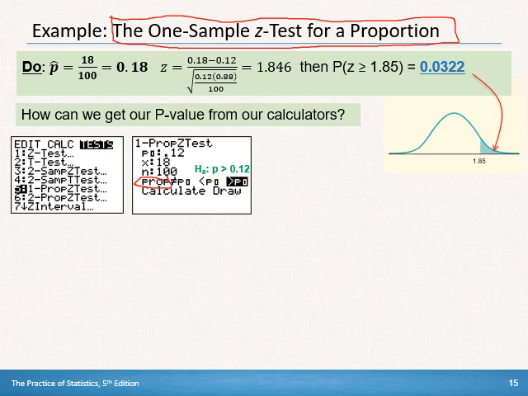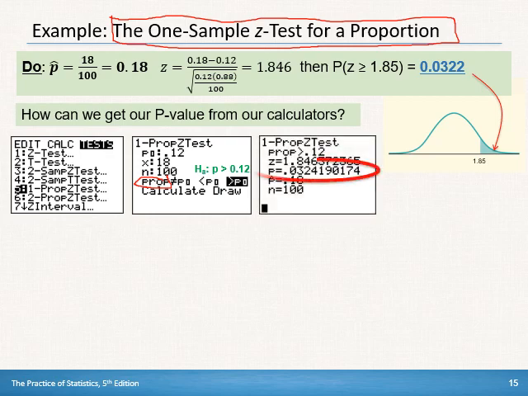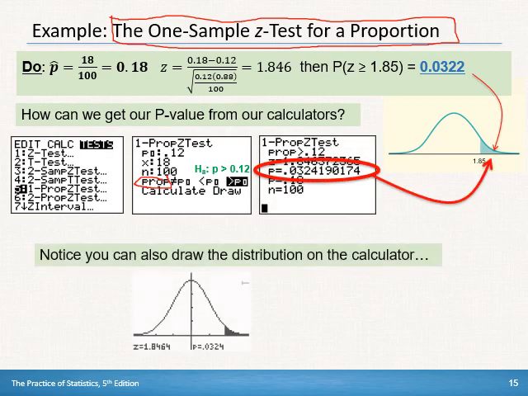Let me erase that so that we can see that better. The alternative is that p is greater than 12%, and so that's why we chose that last one. Okay, then we hit calculate. If we hit calculate, we get the z statistic and the p-value.